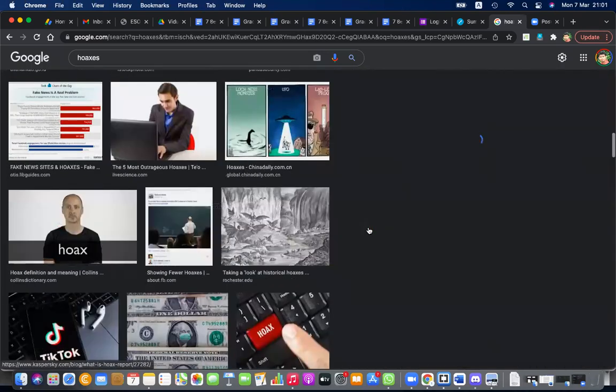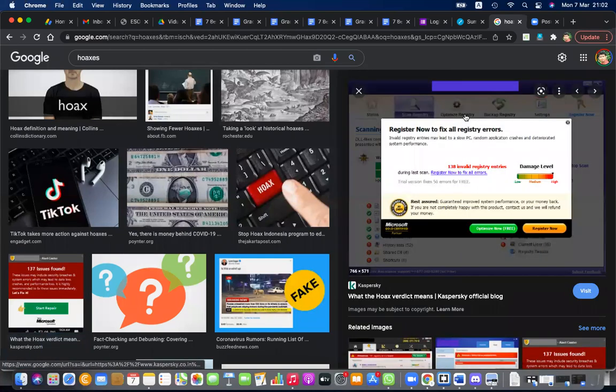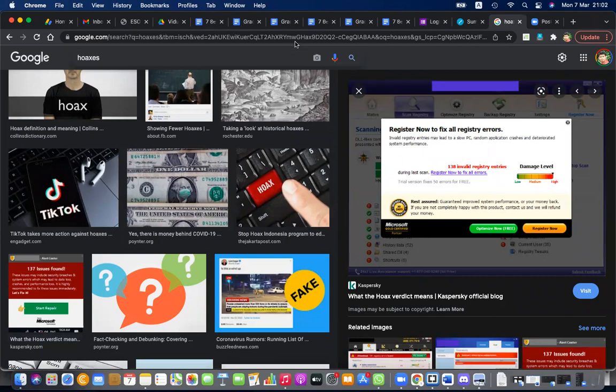Okay, here is an example. They say you have many problems and errors, and let's fix it. But this is not true, right? This is false information. It's not true. It's a fake antivirus. So be aware of these also.